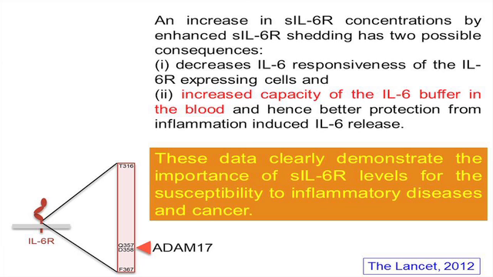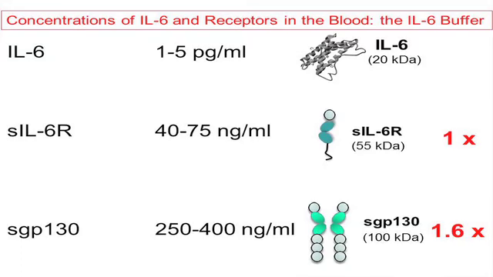But the second, which we believe is more important, is an increased capacity of the IL-6 buffer in the blood, meaning that IL-6 can be bound to more soluble receptor, can be neutralized by the natural soluble GP130, and therefore the threshold for IL-6 to do something is much higher. But anyway, these data clearly show that the soluble IL-6 receptor levels are important for the susceptibility to inflammatory diseases.